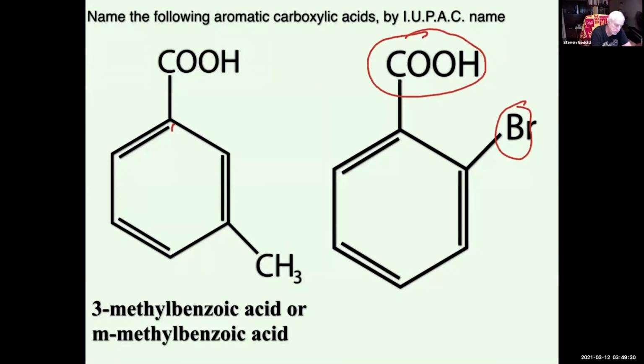So it'd be 2, right up here so it doesn't get in the way of the compound. 2-bromo benzoic acid. Instead of writing 2, I could write o-bromo benzoic acid.